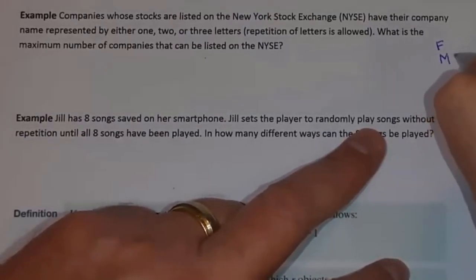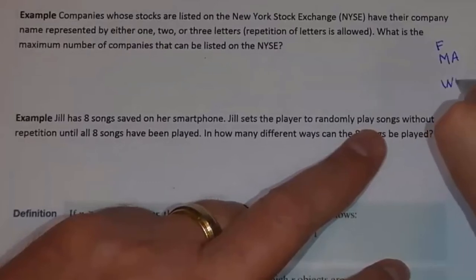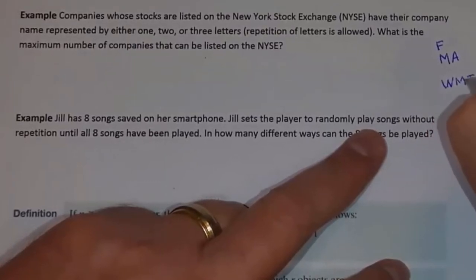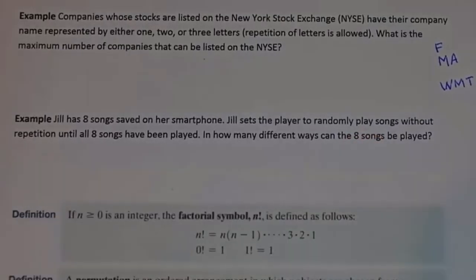MA, that's another symbol on the New York Stock Exchange. That's MasterCard. So MasterCard has a 2-letter symbol. And then a 3-letter symbol, WMT. That's Walmart. So Walmart has a 3-letter symbol that it uses for the New York Stock Exchange.